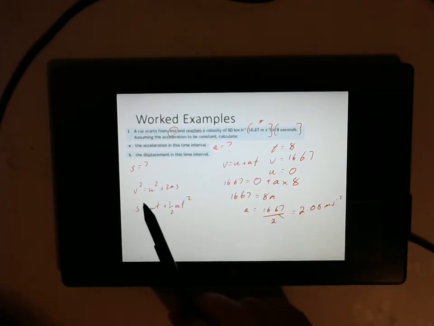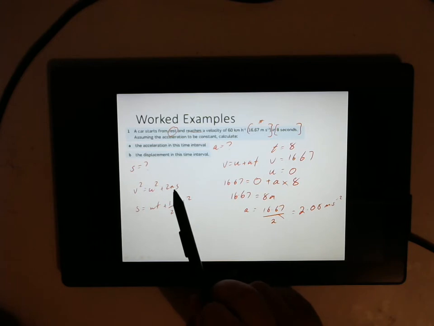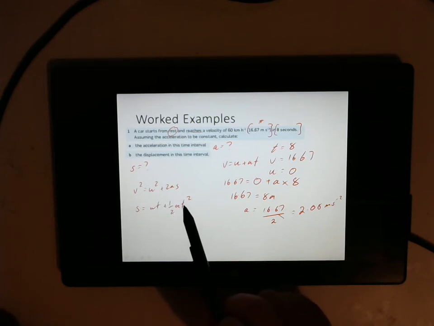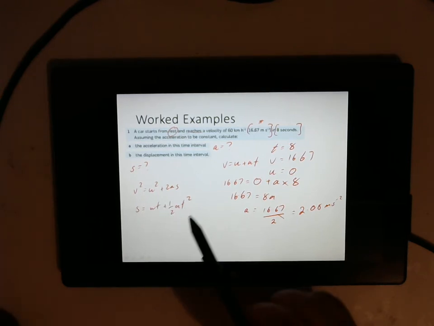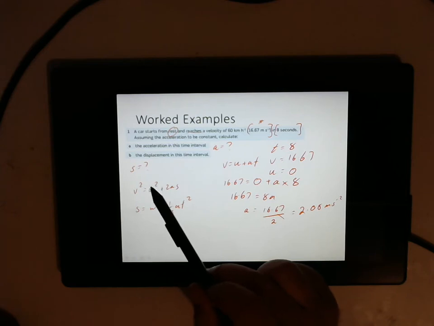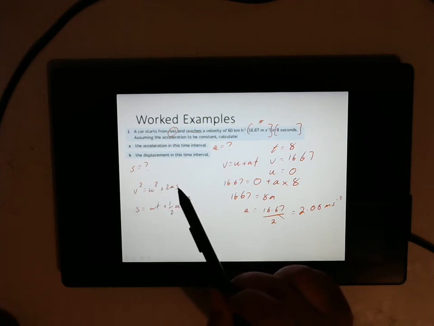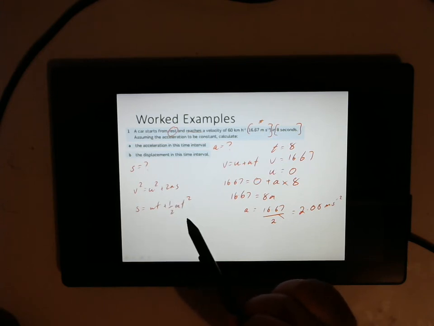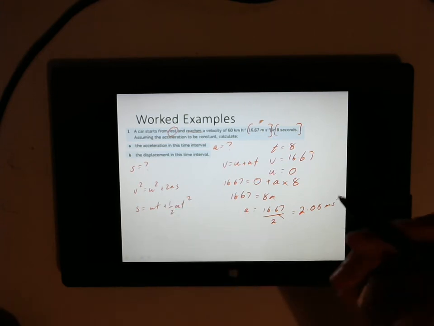Now we can see here this one, we've got V, we've got U, we figured out A before and we can solve for S. Or this one here, we need S, we've got U, we've got T, we've figured out A and we've got T. So this one actually doesn't mean we have to do any rearranging at all, which some people like. This one here we'd have to rearrange. It's kind of a moot point really. So let's use the one at the bottom, just because we don't have to rearrange it, may as well make it simple on ourselves.